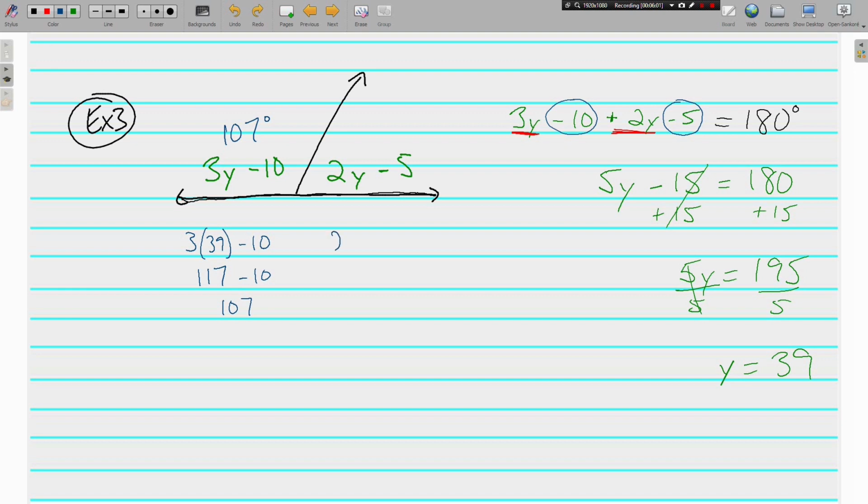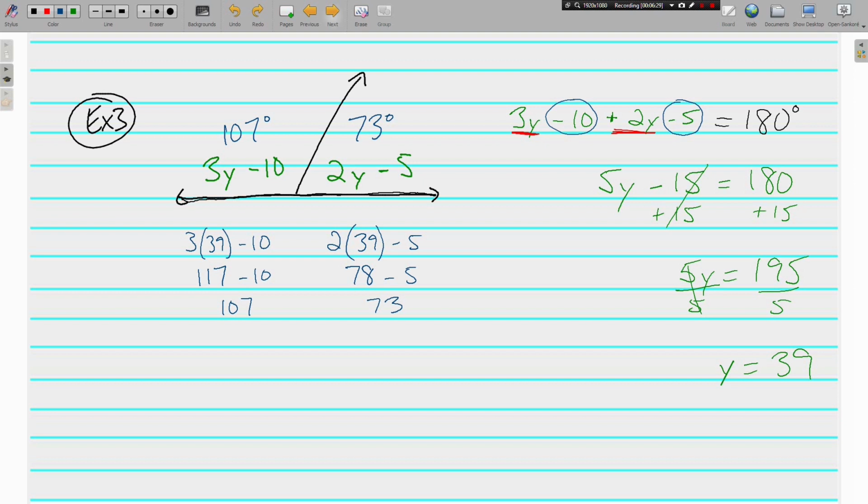And this side, 2 times 39 minus 5. 2 times 39 is 78. Minus 5 is 73. So 73 degrees. Okay, so 107 plus 73 does give us 180 for those supplementary angles.